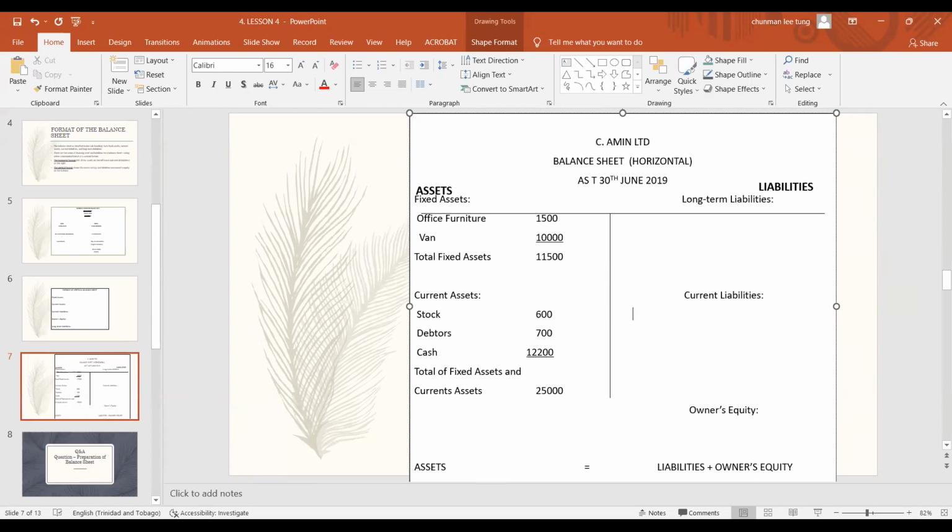So your creditors is your current liability: creditors, $6,800. If you look at your creditors column, you're going to see $6,800. Then you have your long-term liabilities.